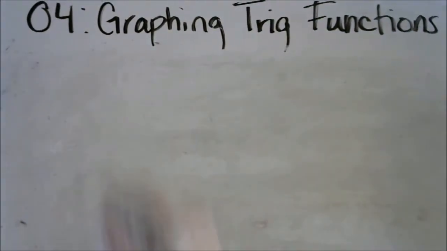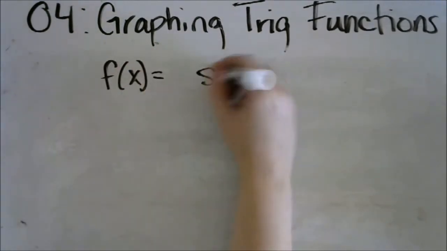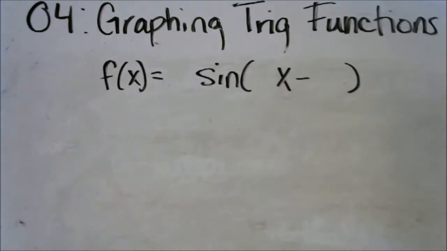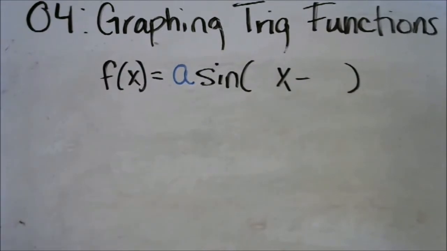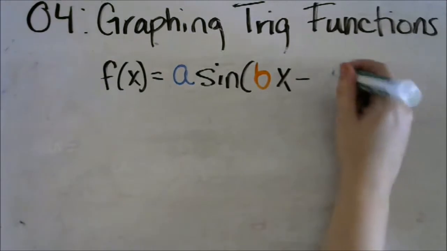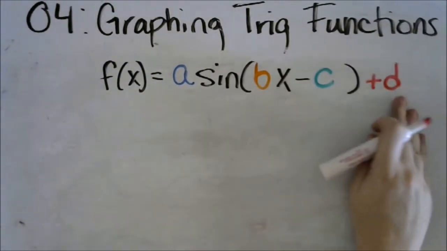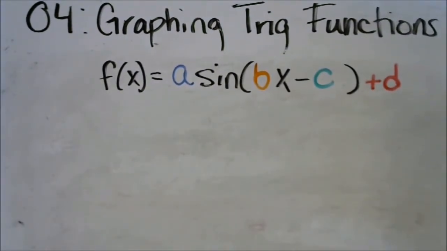Let's go over the formula of a trigonometric function. F of x equals A sine of B, C, and D. Each of these variables represents one of the four shifts that we described previously when referring to generic functions.